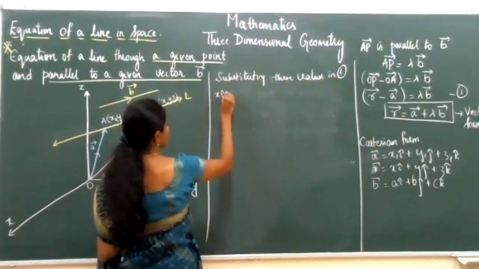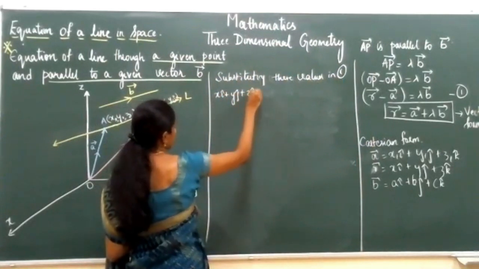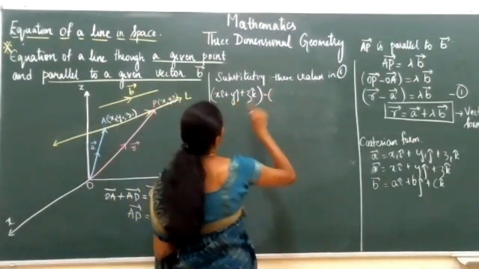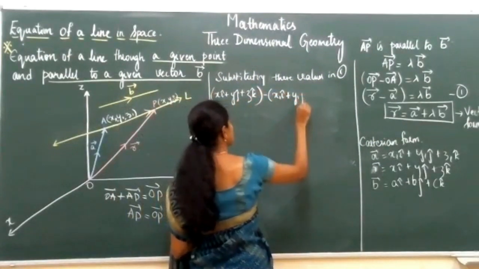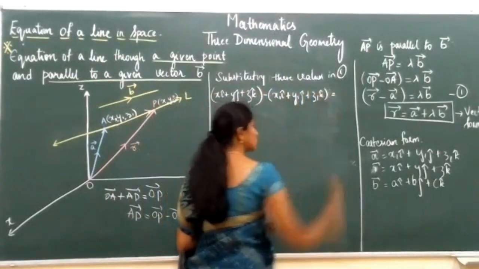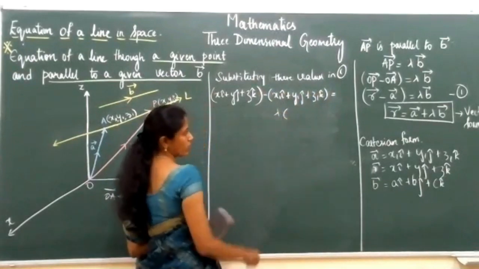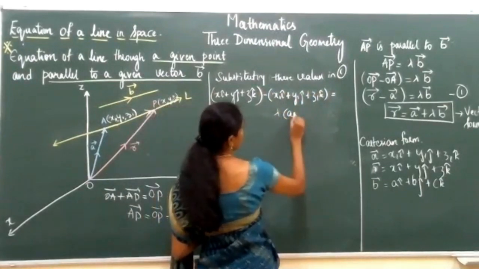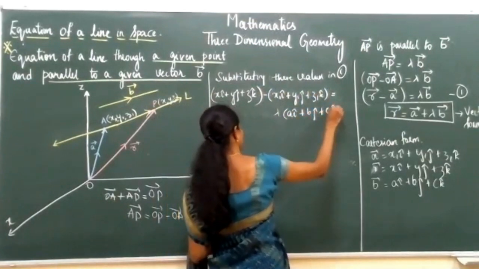It is x i cap plus y j cap plus z k cap minus vector A, x1 i cap plus y1 j cap plus z1 k cap, is equal to lambda times vector b. Vector b is given by a i cap plus b j cap plus c k cap.